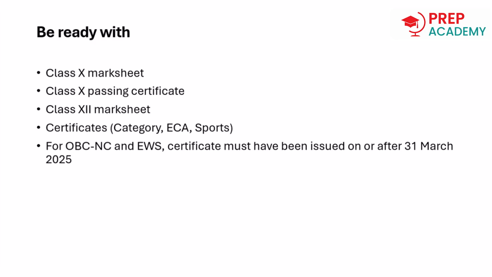I repeat, on or after March 31st, 2025. An older certificate, say from last year, will unfortunately not be accepted and you could lose your category benefit. If you haven't got a new one yet, go get it immediately. And naturally, if you are applying through ECA or sports, have those specific certificates ready too.